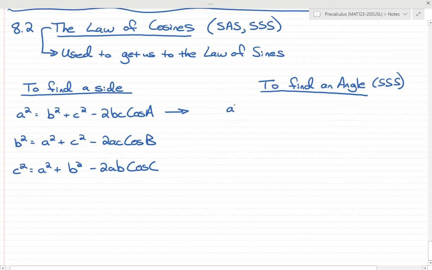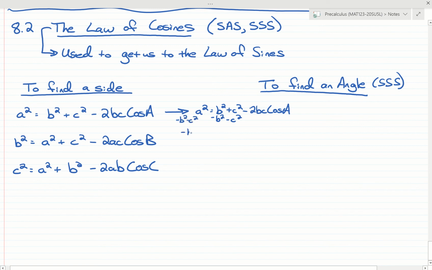You don't have to write this down. I'm going to erase this in a second. But we have a squared is equal to b squared plus c squared minus 2bc cosine of A. So let's try to get the cosine of A by itself. I'll subtract b squared and c squared.